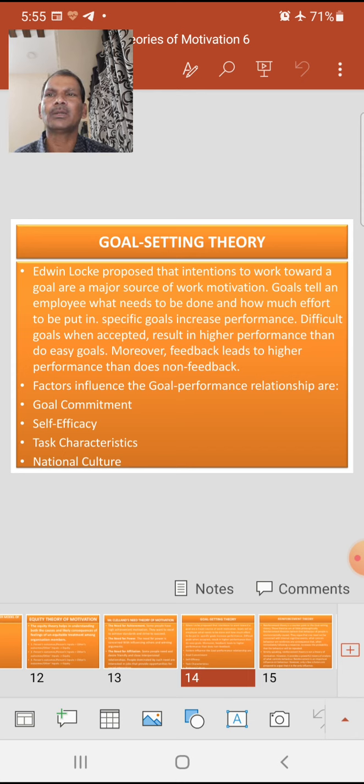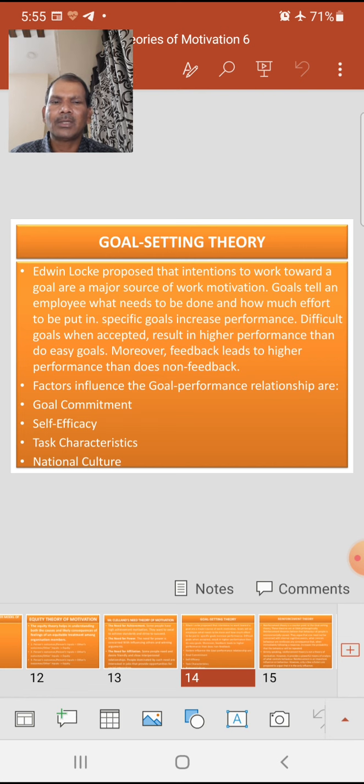For an interdependent task, group goals are preferable. National culture. Goal setting theory is culture bound. It can apply in countries where the employees are reasonably independent, where both manager and employee seek challenging goals, and where performance is considered important for both. It will not lead to the desired performance in countries where opposite conditions exist.